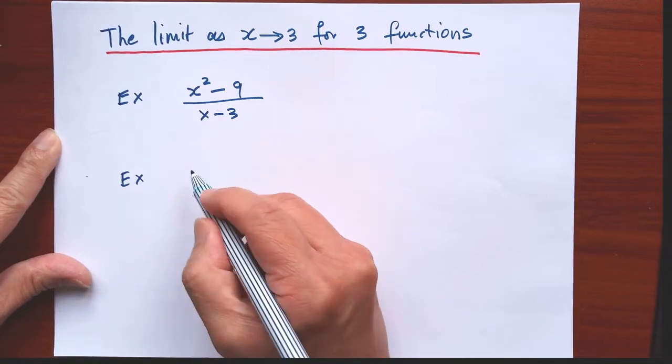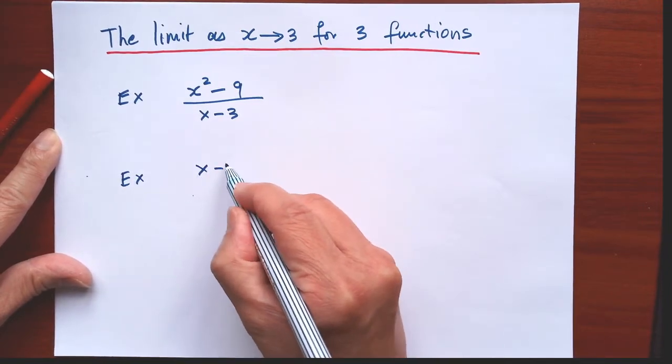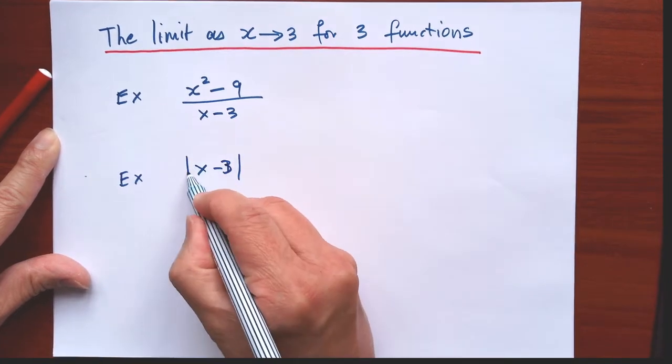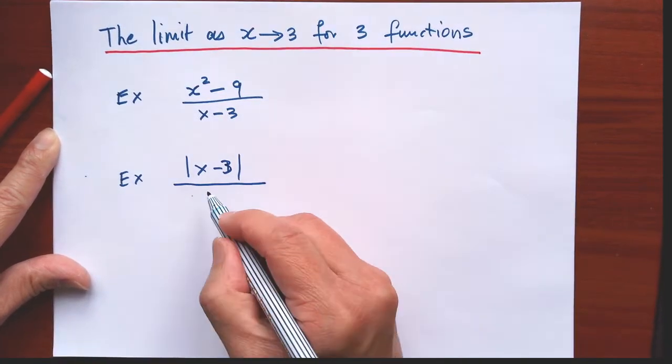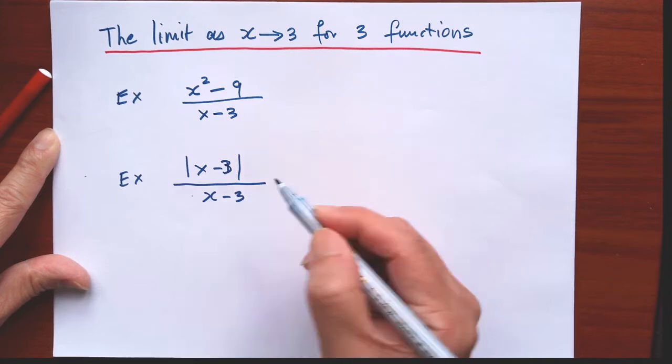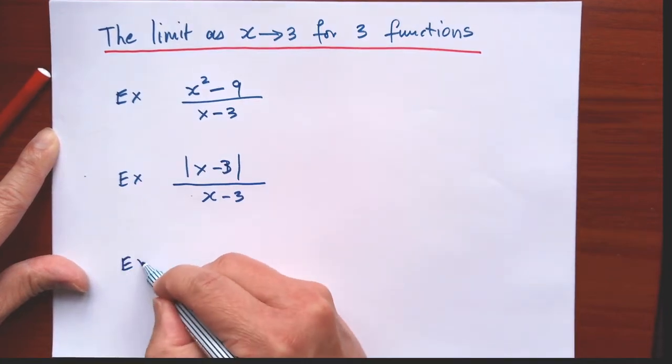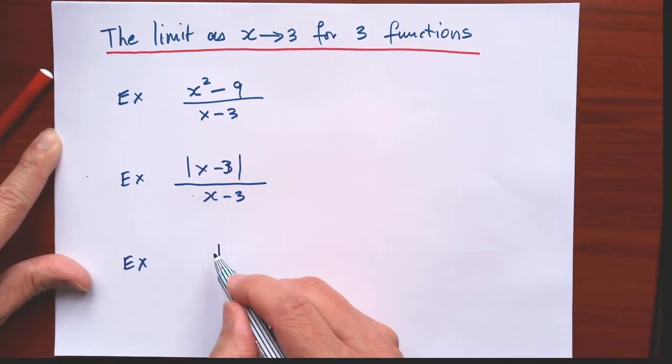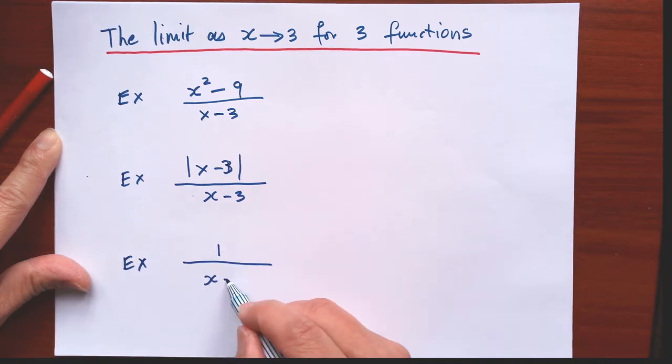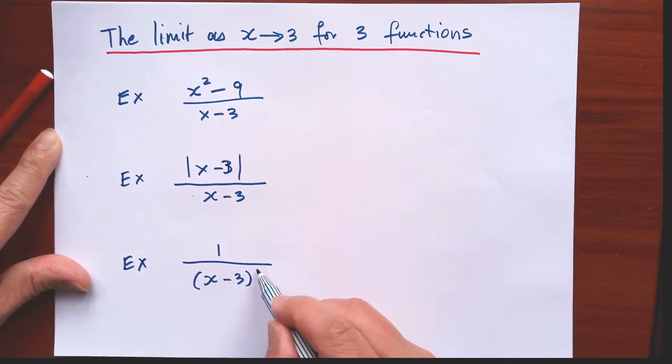The second example is the modulus of (x minus 3) over (x minus 3). The third example is 1 over (x minus 3) cubed.